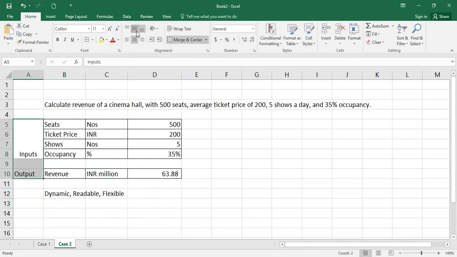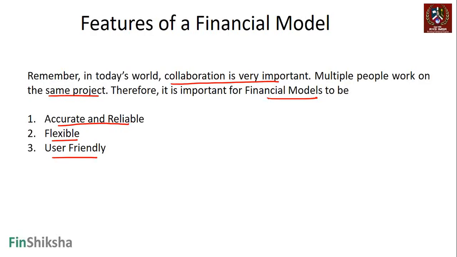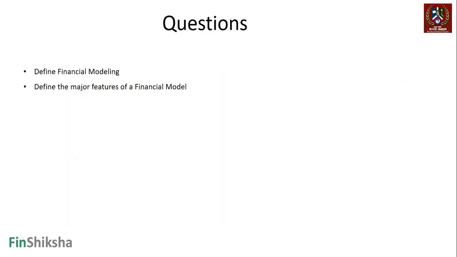And I can put them right in the middle in terms of where they are. Maybe inputs can be put in with a different color, outputs can be put in with a different color. It's just to make the model more readable, understandable, right? That's the importance of a financial model. That is what we are going to build on as we move on into this segment, into this unit.